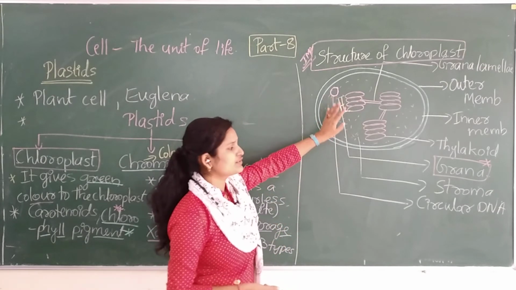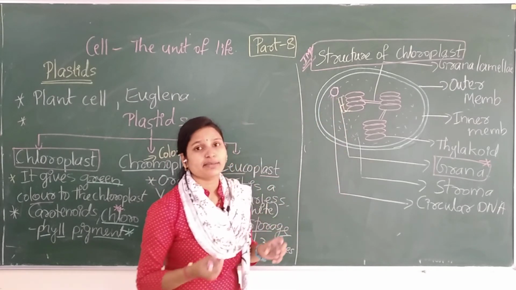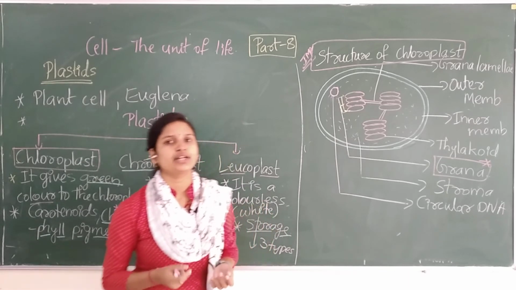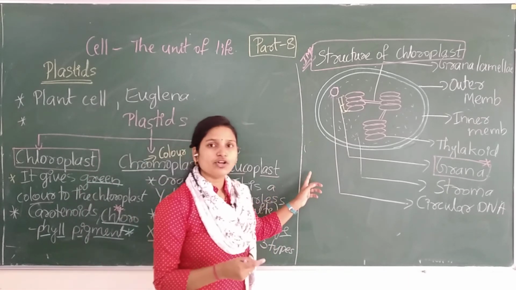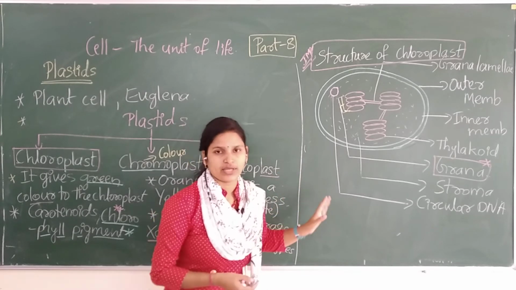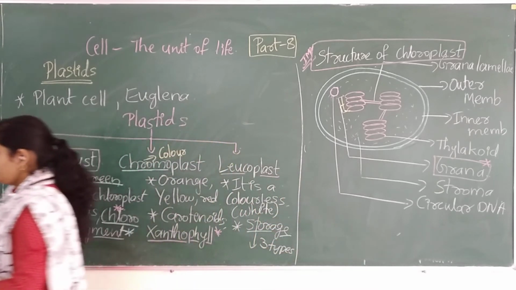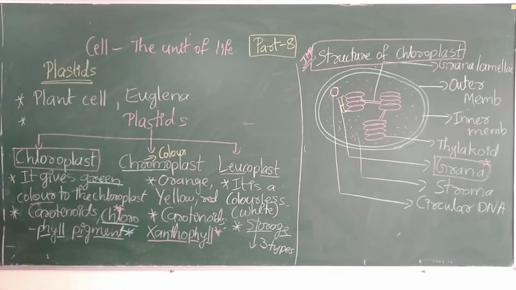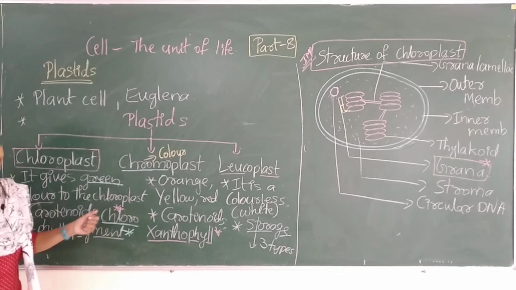The presence of circular DNA is a similarity between mitochondria and chloroplasts, because both have a single circular DNA. Understood? Any doubts?